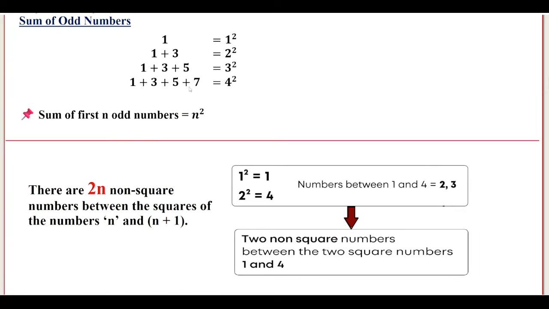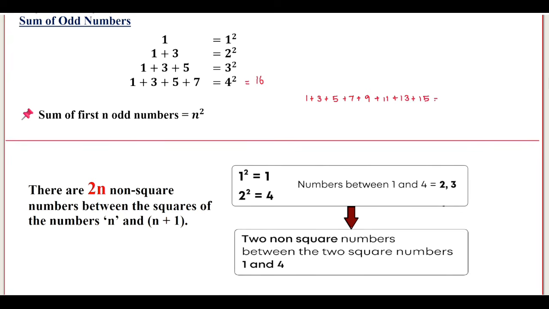We no need to add everything. Instead of adding 1 plus 3 plus 5 plus 7, just count: 1, 2, 3, 4. 4 square, so 4 square will be written as 16. Directly we can write. The same if you want to write 1 plus 3 plus 5 plus 7 plus 9 plus 11 plus 13 plus 15.